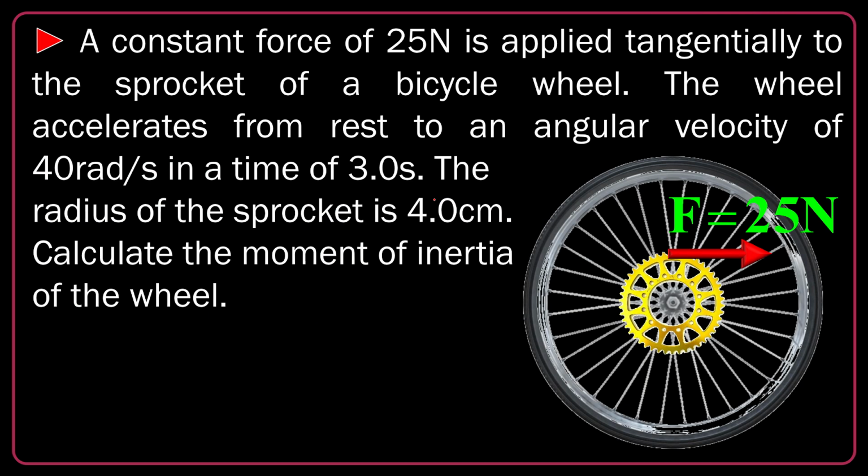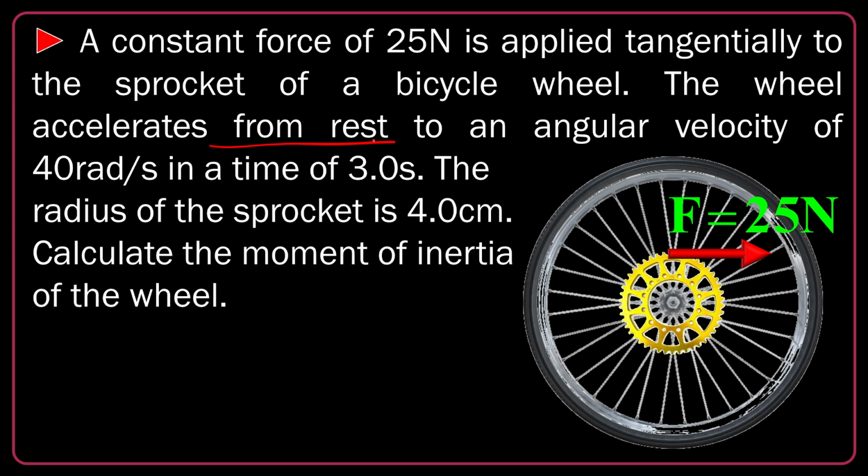Next question. A constant force of 25 Newton is applied tangentially to the sprocket of the bicycle wheel. The sprocket is here, at the center. This is the cog wheel at the center. You have seen that more likely in a bicycle. The wheel accelerates from rest to an angular velocity of 40 radian per second.